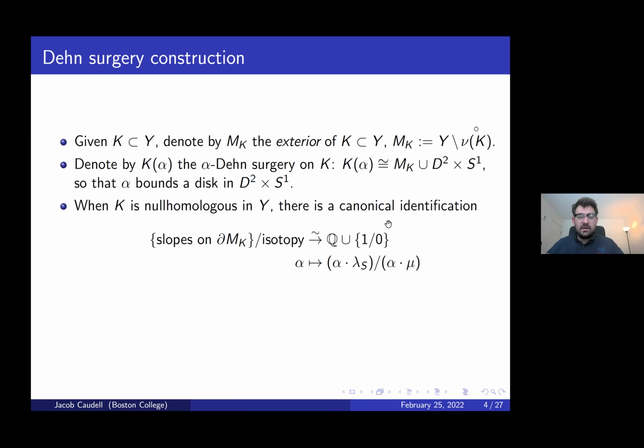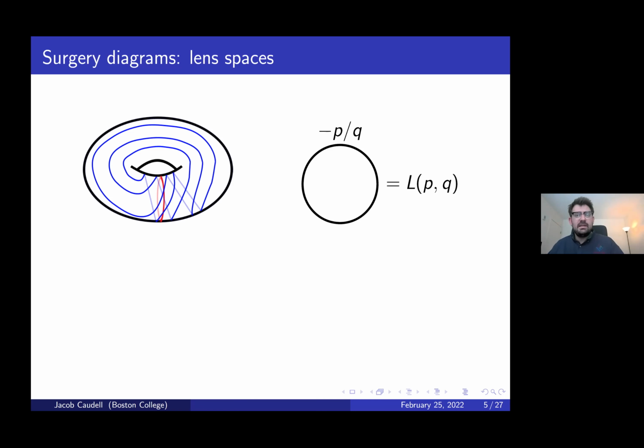They're the 3-manifolds that you can get by gluing 2 solid tori together along their boundary. In other words, they admit a genus 1 Heegaard splitting. You can also realize these 3-manifolds as surgery on the unknot in S3. And I'll be using the convention that minus p over q surgery is the lens space L(p,q).